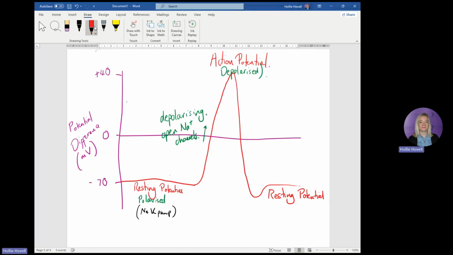We can label that that is called polarized. And we can label that that resting potential is established by the sodium-potassium pump. Now this little bit here where it overshot, the fancy name for that is hyperpolarized.